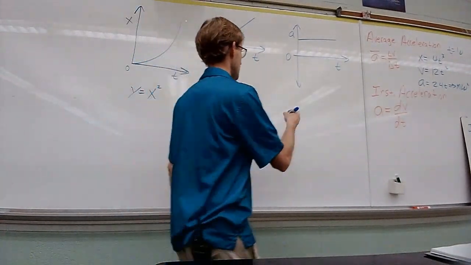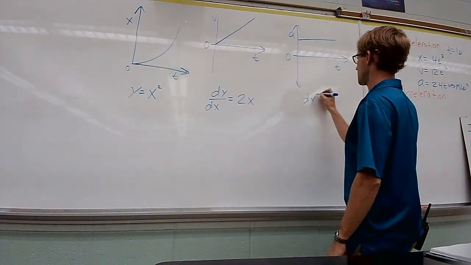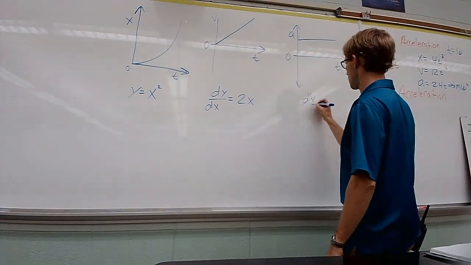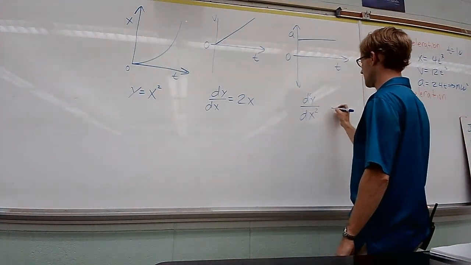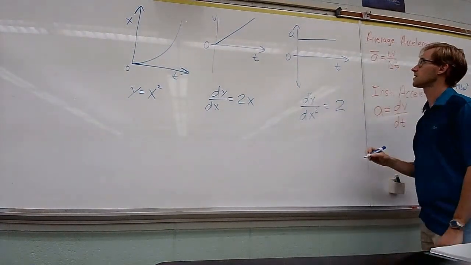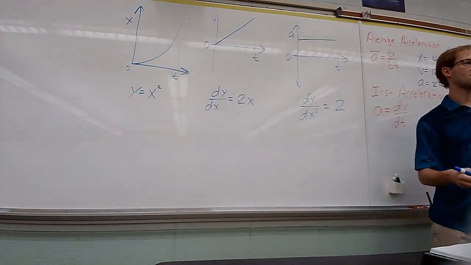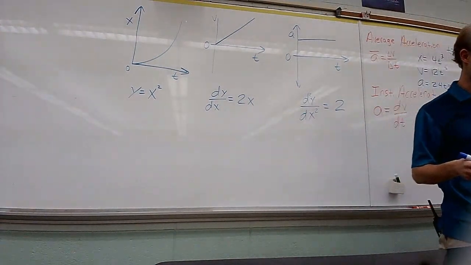And if you take the derivative of 2x, in other words, the double derivative of y with respect to x, that's how you would write double derivative, it's equal to 2. It all matches up beautifully. So you guys are actually doing graphical calculus in regular physics.